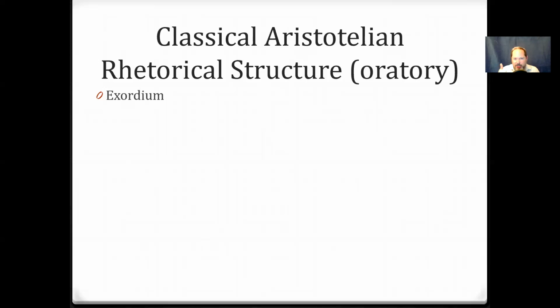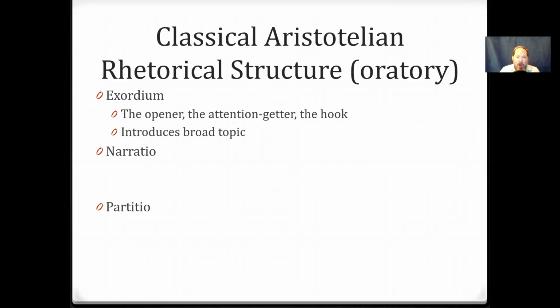It would start with the exordium, the narratio, the partitio. Well, the exordium is like the opener. It would be the attention getter. It hooks the attention of the audience, and then it would introduce that broad topic that they're going to be speaking about. We have that in a 5-paragraph essay, right? The hook in your introduction.